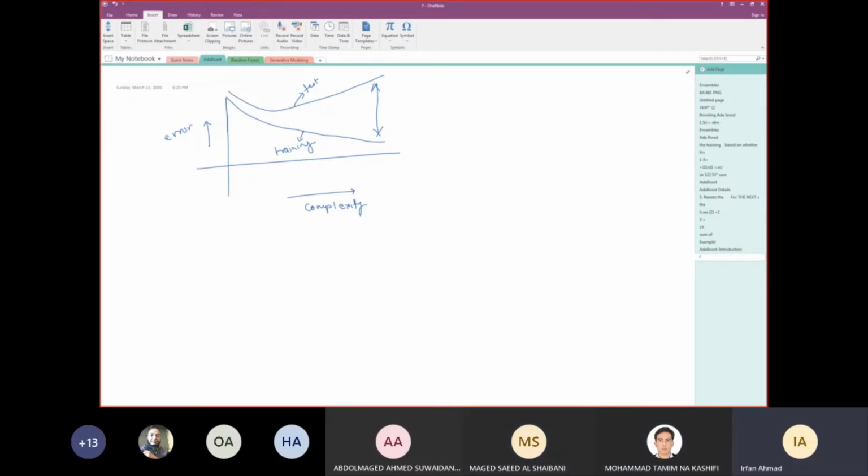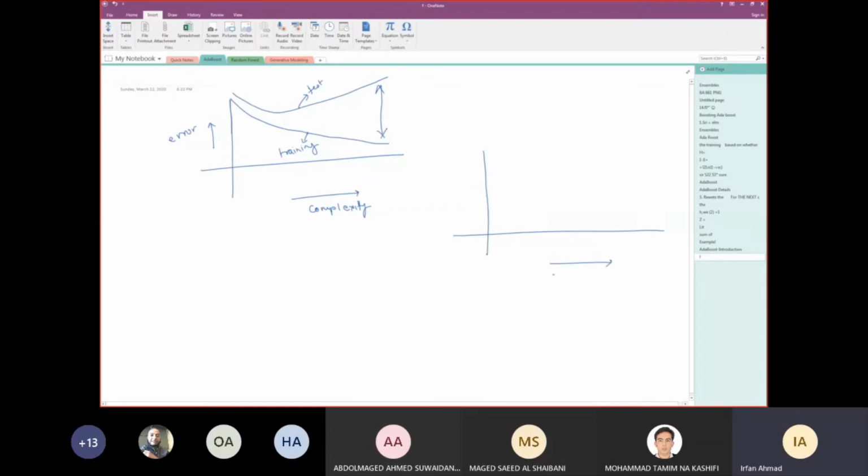Good. Now, what happens in general once we speak about ensembles, and specifically in case of AdaBoost? Let's assume that we have a number of weak learners. And we know that weak learners could be any classifier. It could be decision stumps, decision trees, logistic regression, and other classifiers.